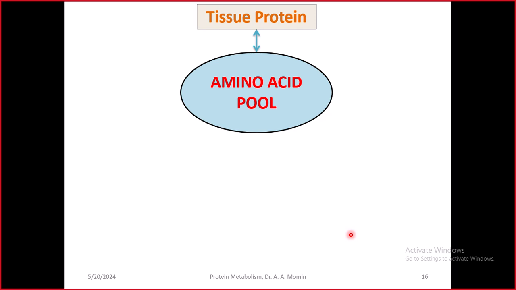Any free amino acid contributes to the amino acid pool. From this amino acid pool, the proteins can be synthesized. Or if the lifespan of a certain protein, for example hemoglobin, is over, these proteins can be degraded to amino acids, or the amino acid pool.